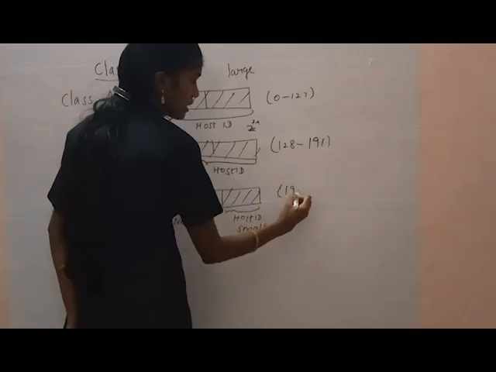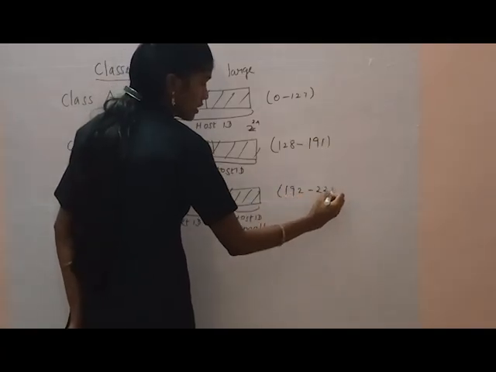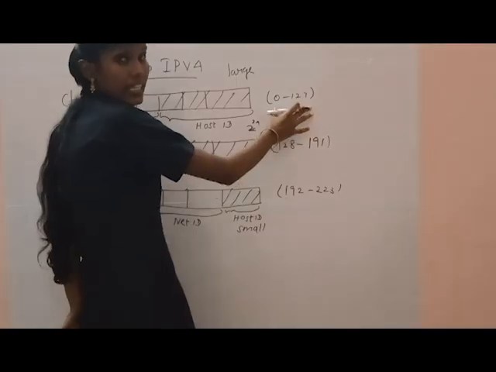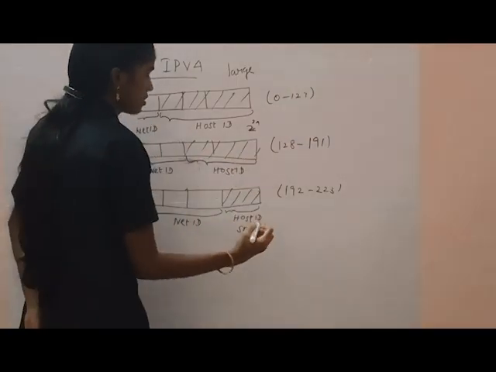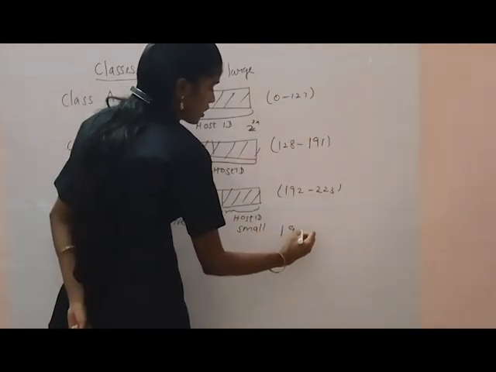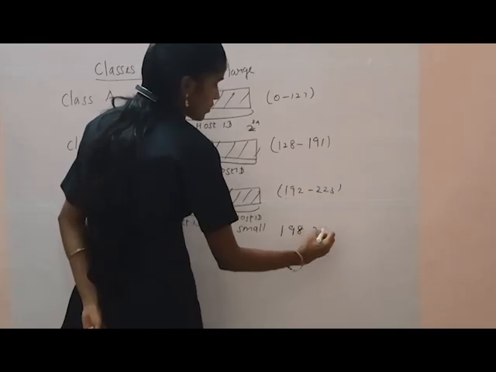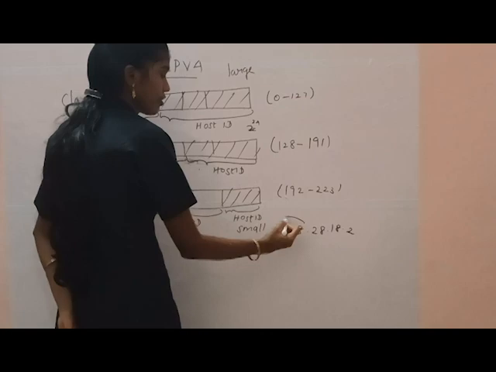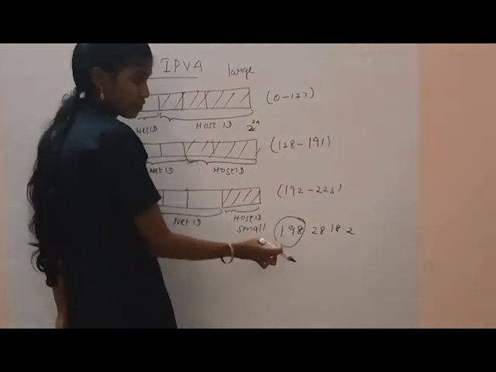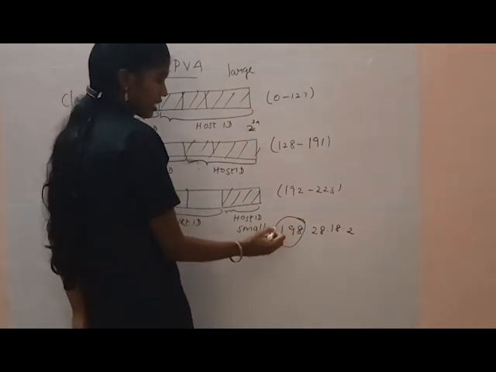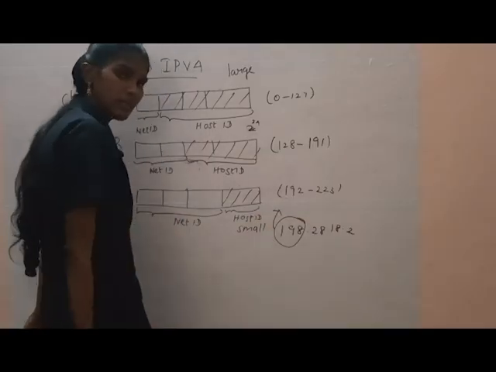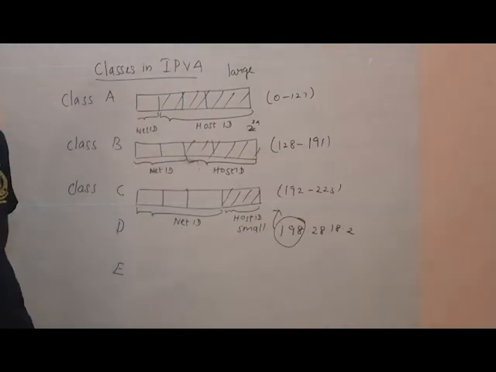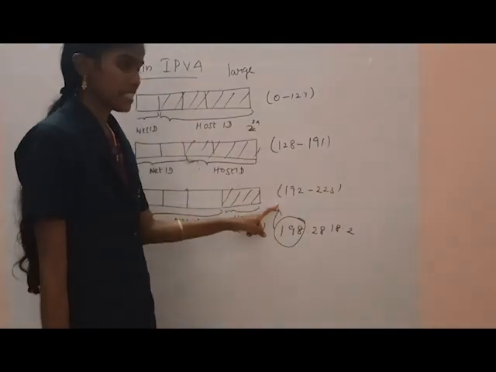This is class C, from 192 to 223. Write an example IP address, that is 198.28.18.2. From the number 198 itself, I can identify that this belongs to class C. Okay, this is a class C IP address.